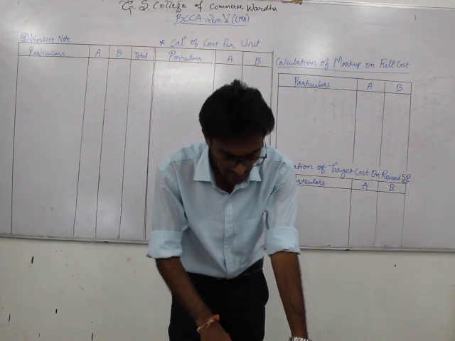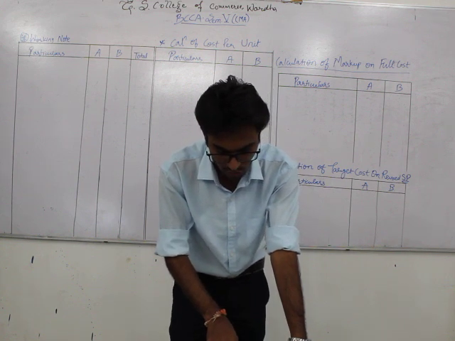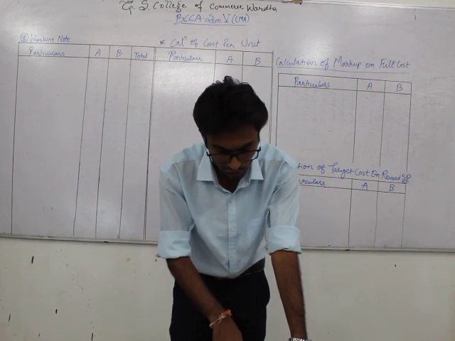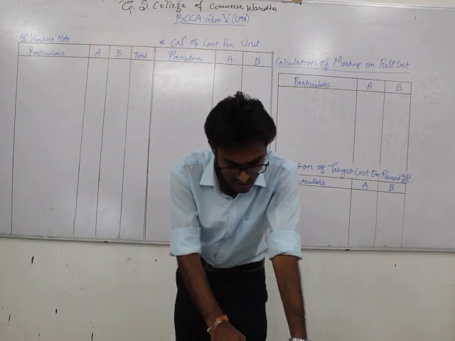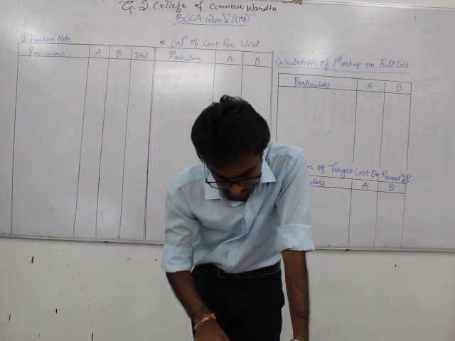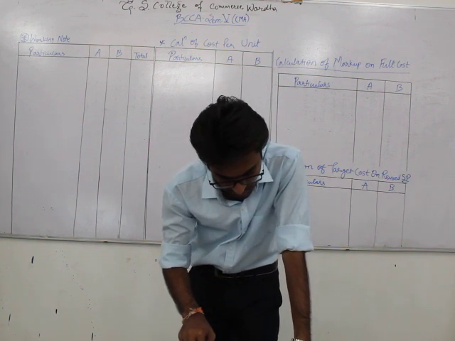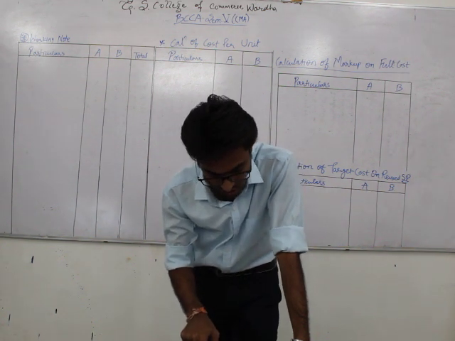Coming to the next details, there are the following additional costs, other than the upper ones, and those are allotted to components A and B on the following basis. The particulars, rupees and basis of allocation are given here.